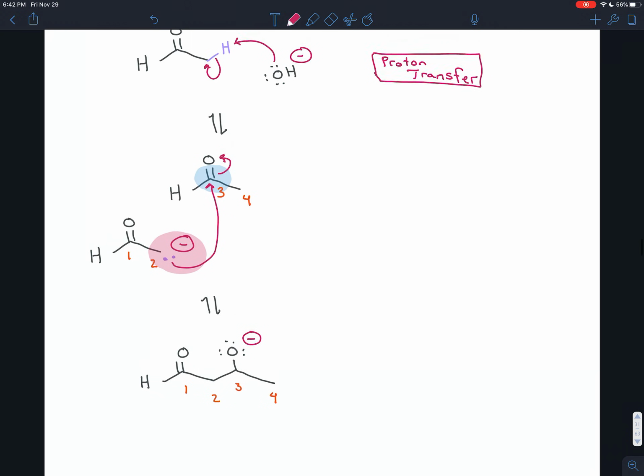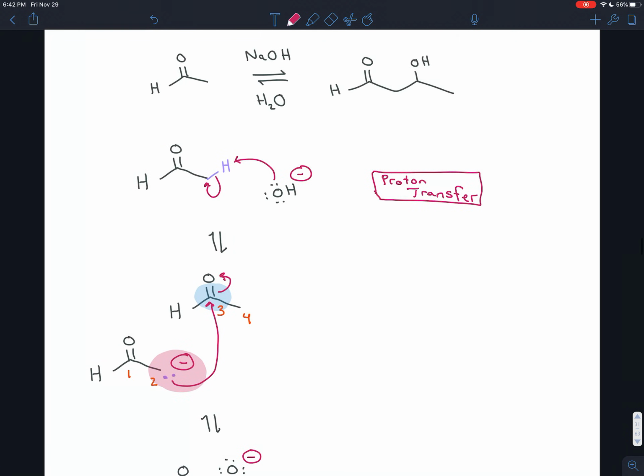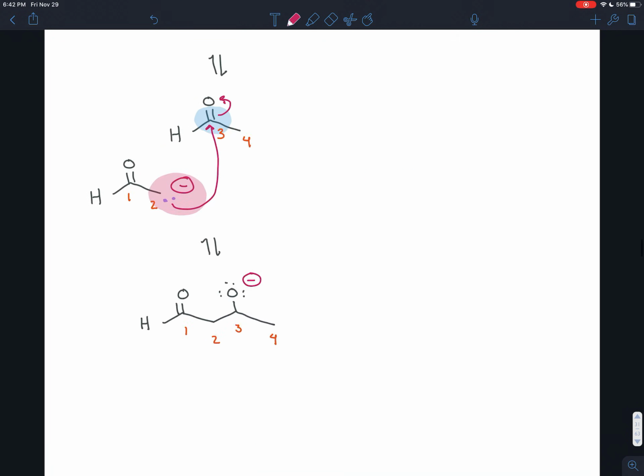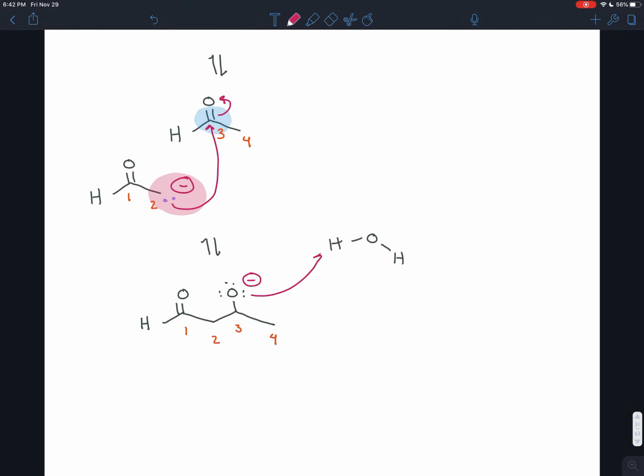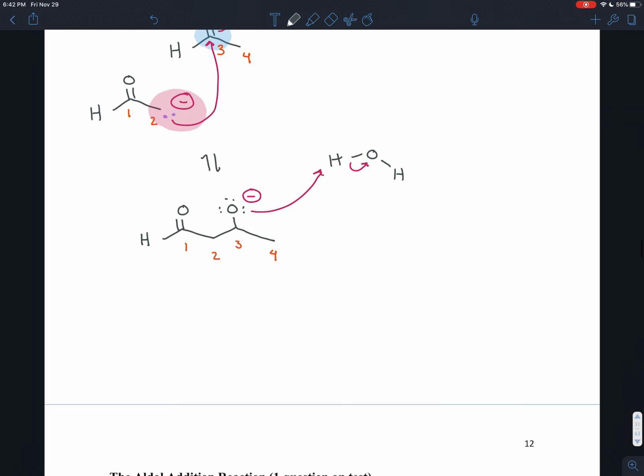So you've added these two together. Now, there is also water in this solution, and that can, as we've seen before, be used to do proton transfers to stabilize charges. And so that negative oxygen there can steal one of those slightly positive hydrogens, the electrons snap back onto the oxygen of water, and effectively what we have in this last step is this here.